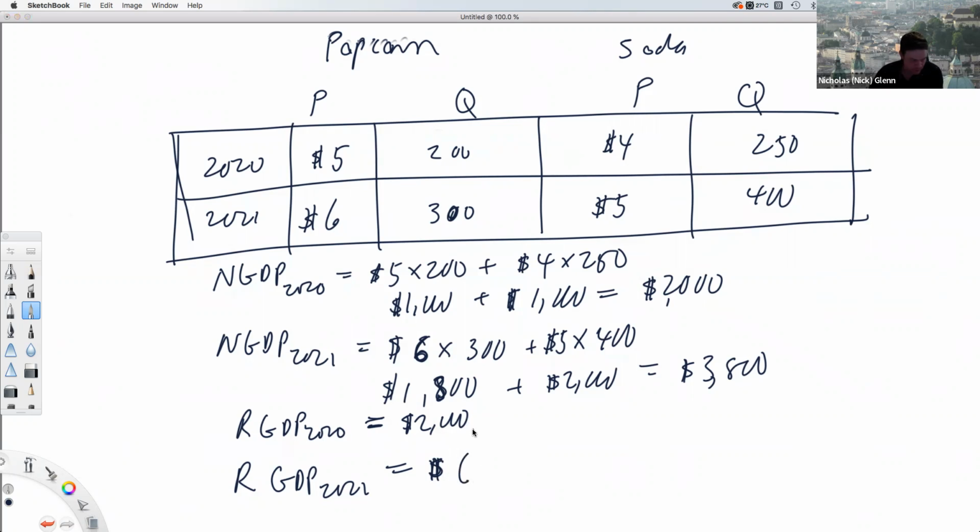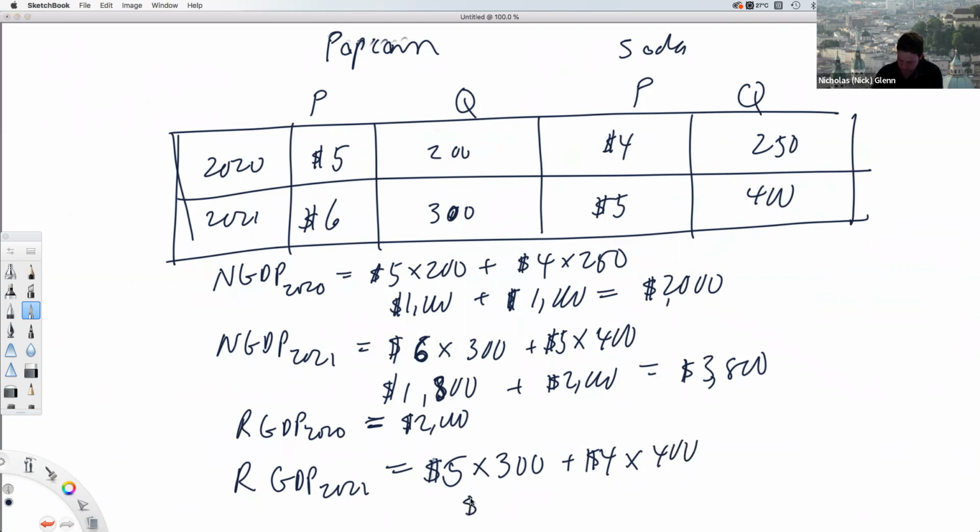So we'll use $5 instead of $6. I started to write 6 anyway. So we'll use $5 times the quantity sold in 2021, 300, plus the price of soda in 2020, $4, times the quantity sold in 2021, 400.